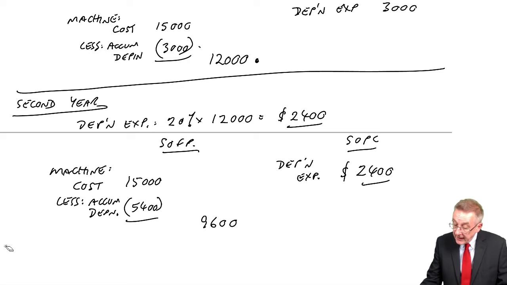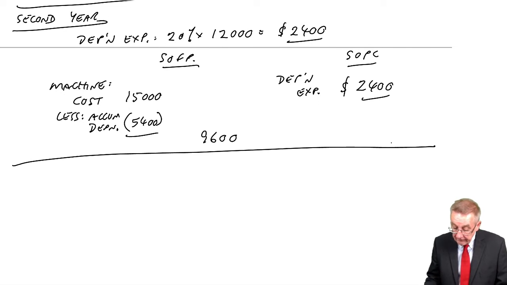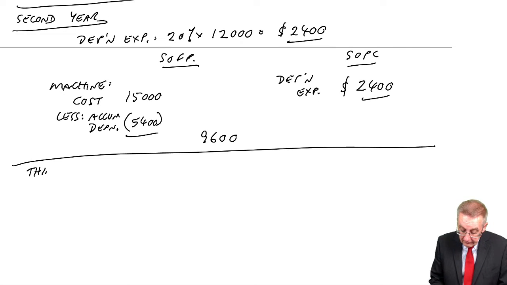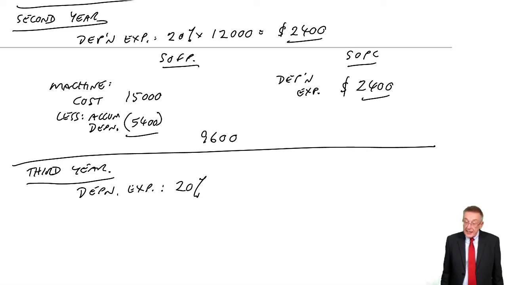Let's do a third year to make sure. What's the depreciation expense going to be this year? We keep the same percentage that we're told here, 20%, but it's 20% of the new value.